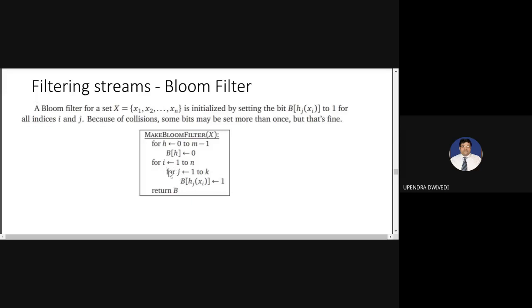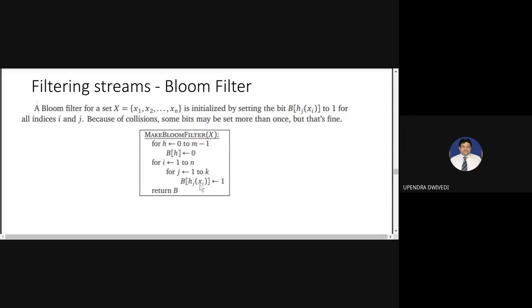Now we take another variable i, which goes from 1 to n, and we apply a nested for loop here. We apply x_i for every element of x from 1 to n, and h_j for every hash function from 0 to k, and we apply all those values. Whatever values we get, we set those bit positions to 1.